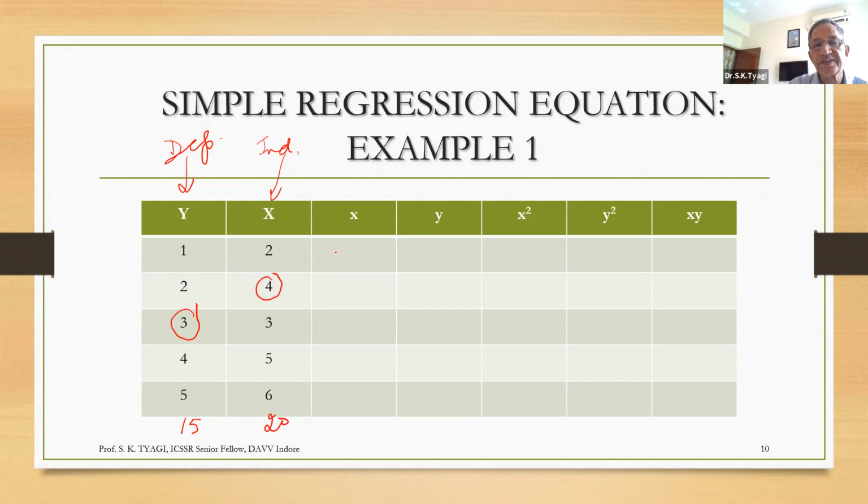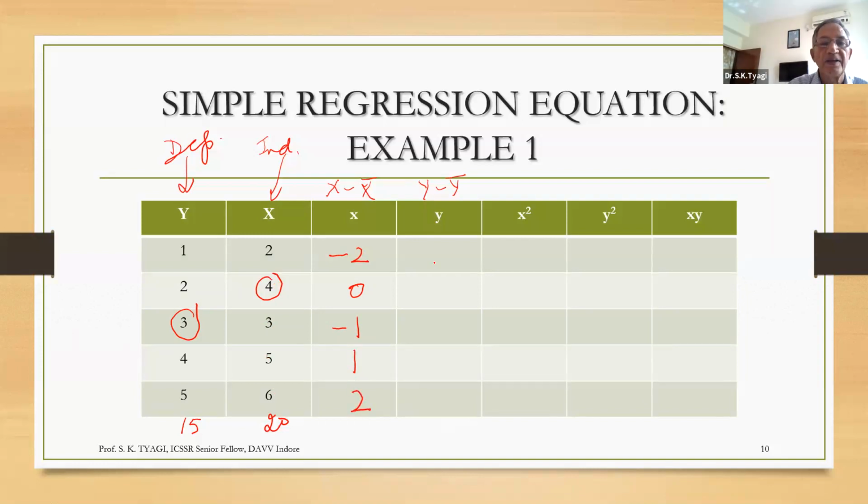For x, 2 is the score, 4 is the mean. So what is the deviation? Score minus mean. 2 minus 4 is minus 2. 4 minus 4 is 0. 3 minus 4, minus 1. 5 minus 4, plus 1. 6 minus 4, 2.